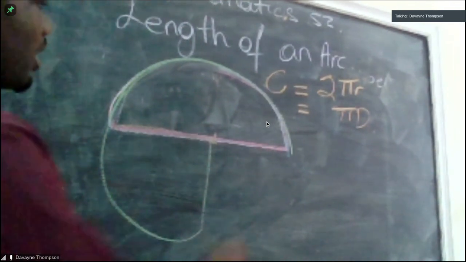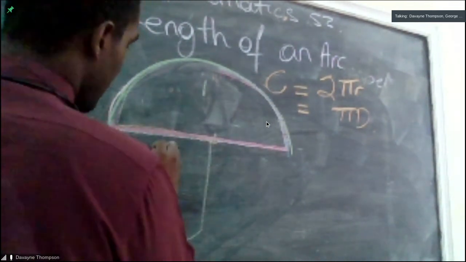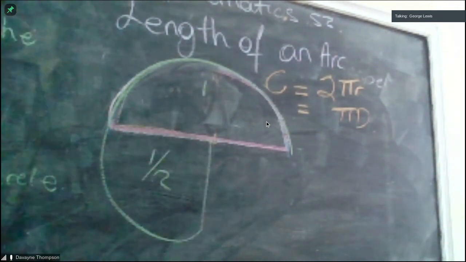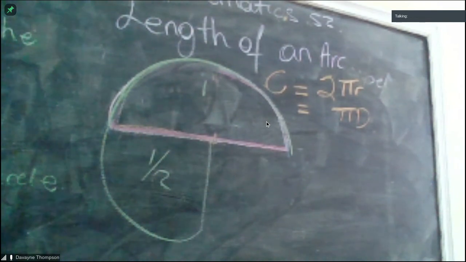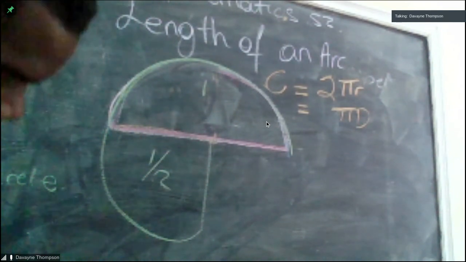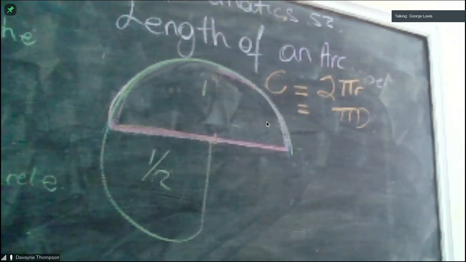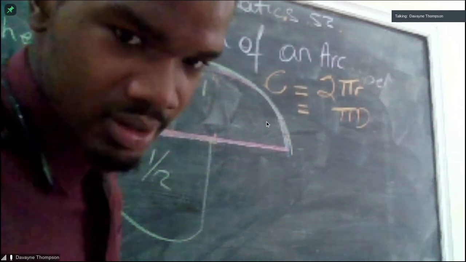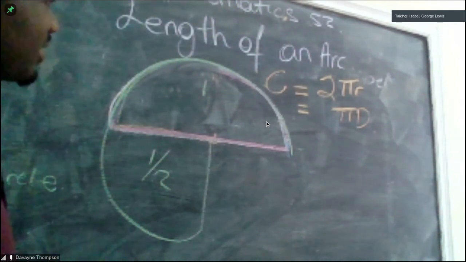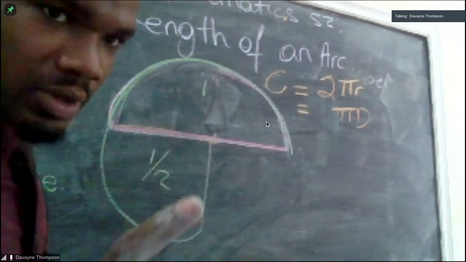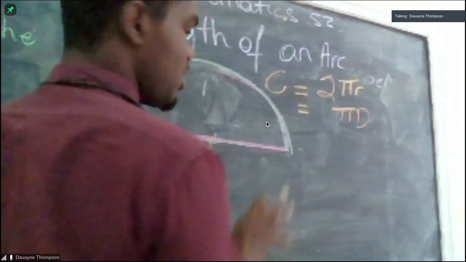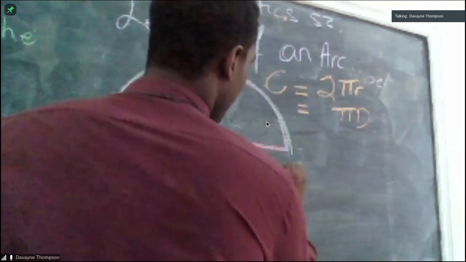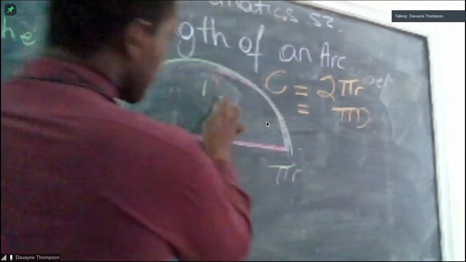So I have 1 plus a half. What would be the formula? Stick with me. We're still going to use pi r for now. Pi r, you're going to add these together.